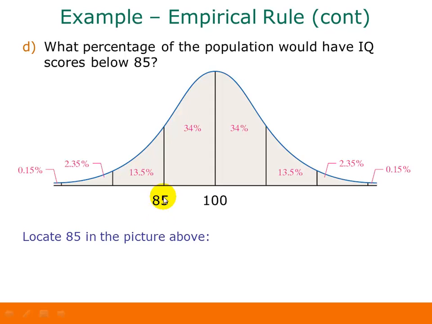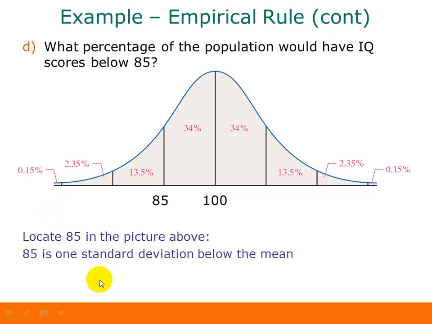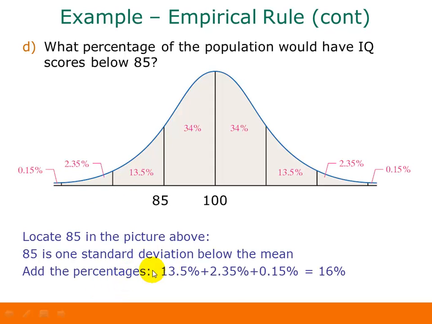So here's where the 85 is, and we're looking at what percentage of the population would have IQ scores below 85. So from here all the way to the left. And again, we're going to add up the percentages in these 3 regions to get our answer. So if we add those percentages, we get a total of 16%. That means 16% of the population has IQ scores below 85.